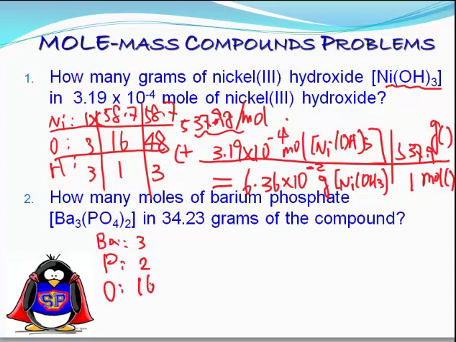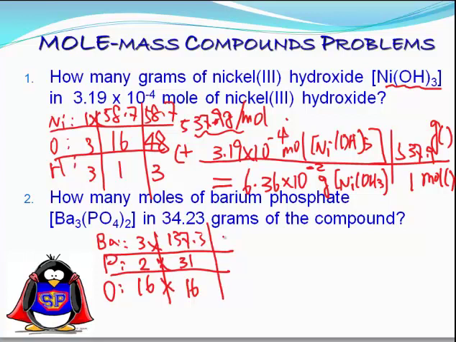Oxygen, how many do we have? 16. Barium, what's the molar mass for barium? 137.3. Phosphorus will be 31. Oxygen will be 16.